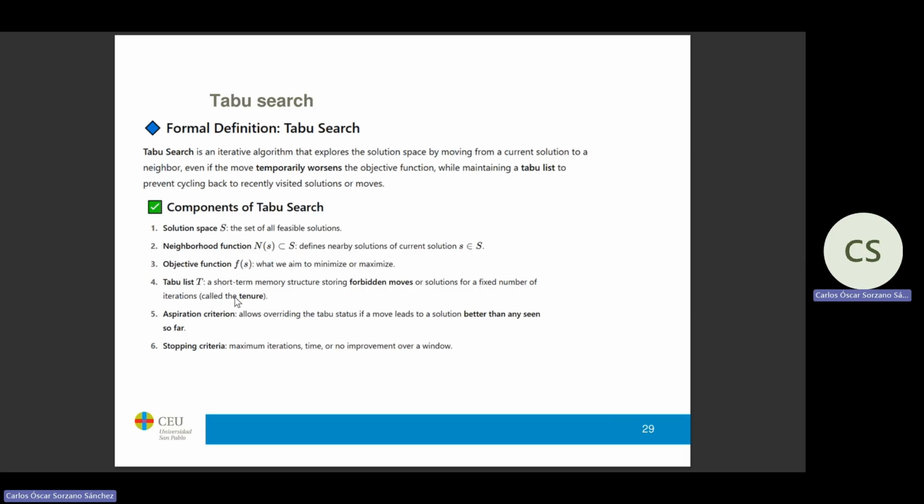You will have a taboo list. This taboo list keeps track of the movements or states that you cannot take for a number of iterations. So for the next 3 iterations, I cannot take these 3 solutions. The goal of that list is to prevent the system from going back.